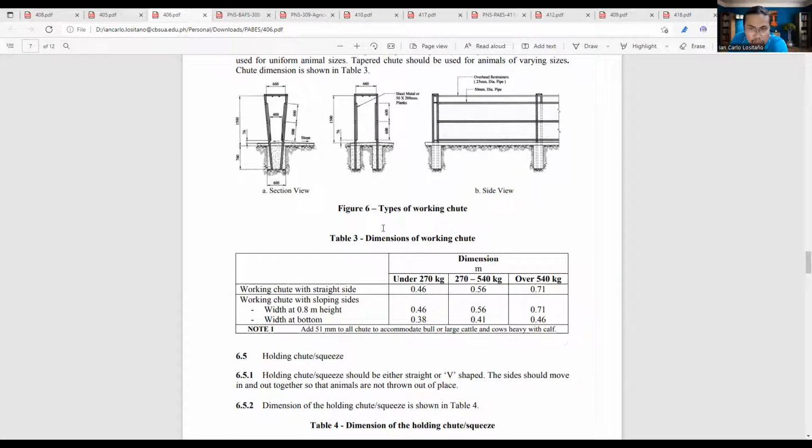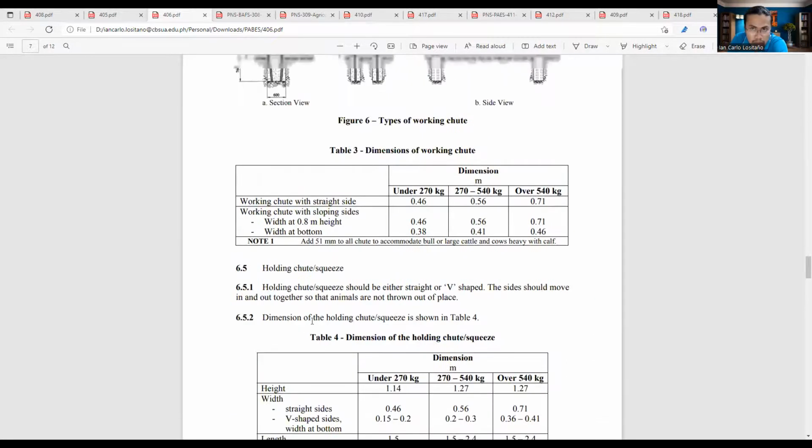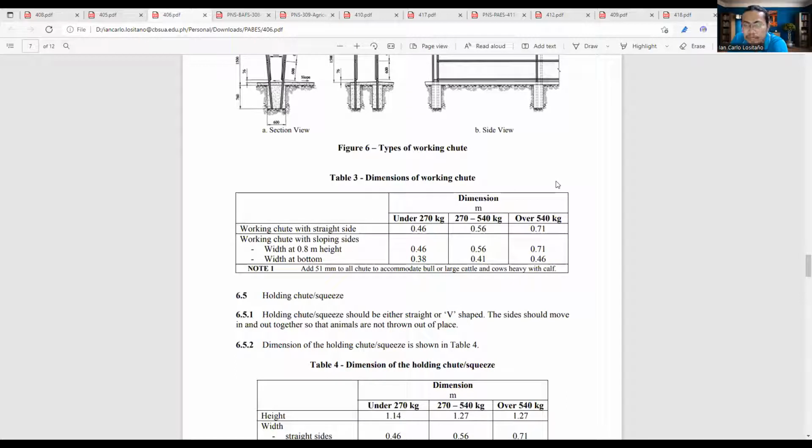Thus, please use a table to determine the dimensions of the chute. Or this could be fixed if ever the animals are still growing, from sizes of the calf to full-grown cows or cattle.